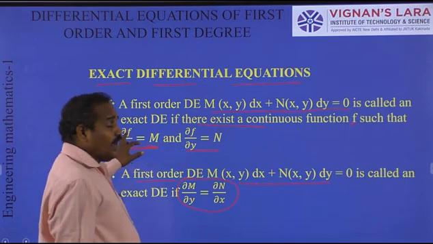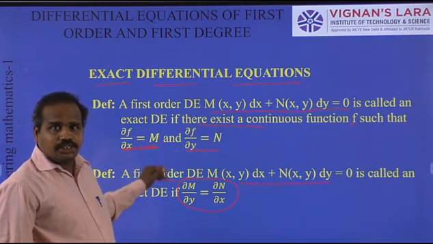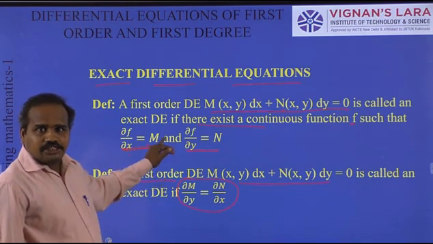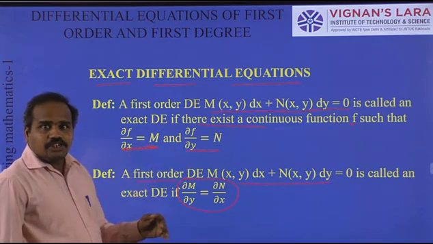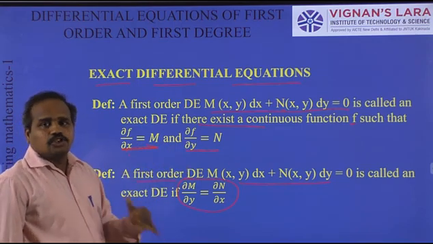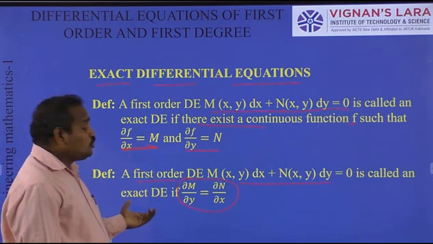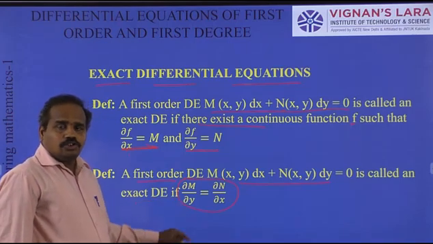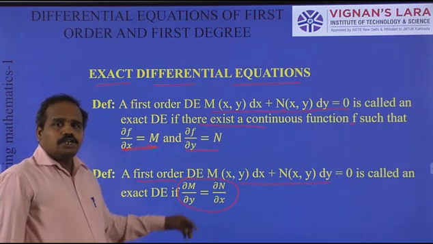Here we have to guess that function f. How do we guess it? The partial derivative of f with respect to x should be equal to M, and the partial derivative of f with respect to y should be equal to N. Such a function we have to guess, and it is not possible every time. So we use the necessary and sufficient condition: dou M by dou y is equal to dou N by dou x.